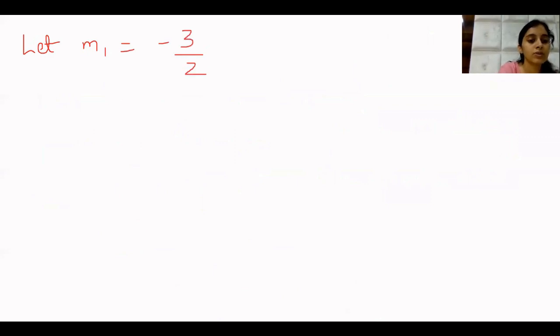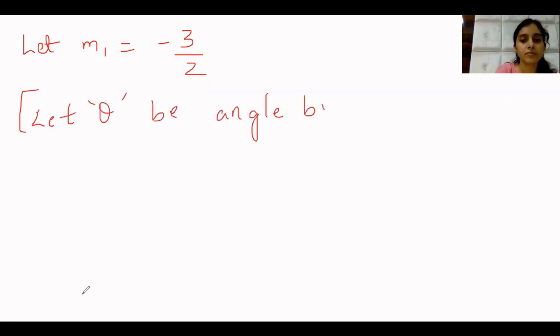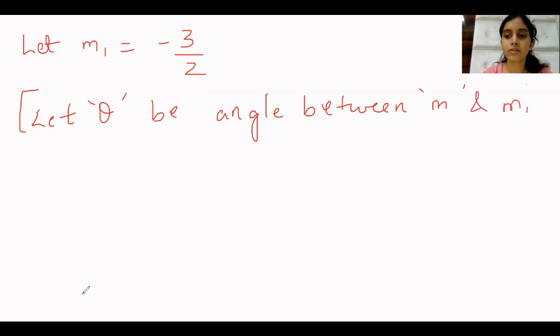Now let theta be the angle between the line with slope m, the line that we need, and m1, that is given.